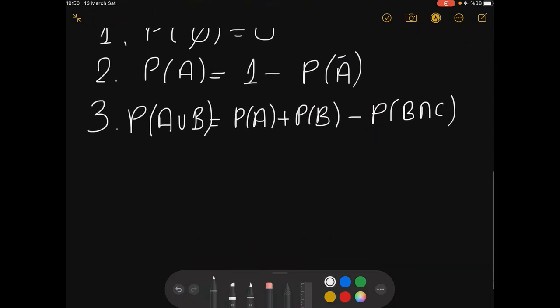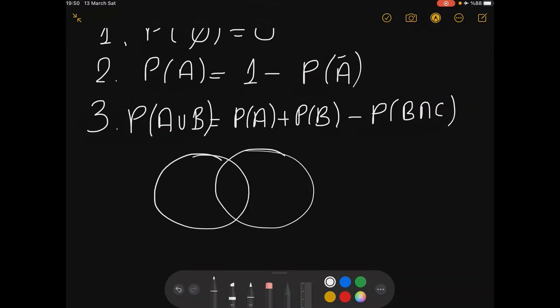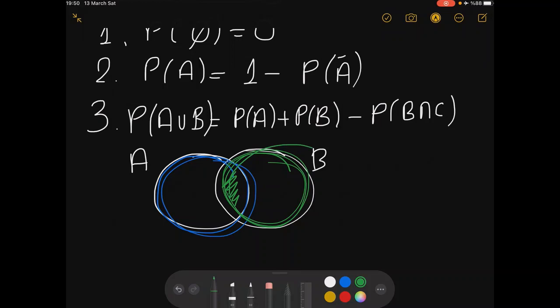I hope you see this, because if they are not mutually exclusive, then it means that they have some common parts here, namely this part. So if you add this and this, it means that you added this space twice, right? So you need to subtract that part once. That's the idea. So good.